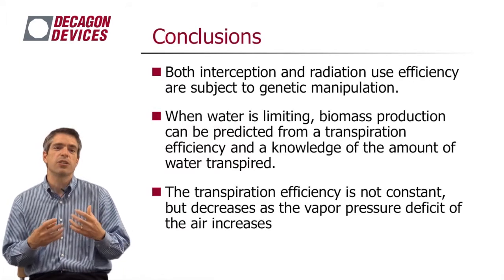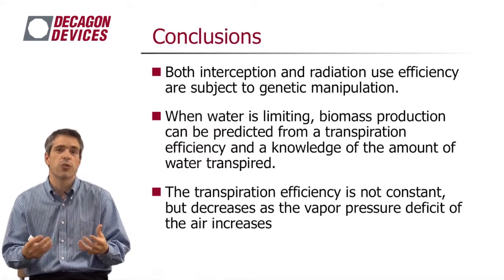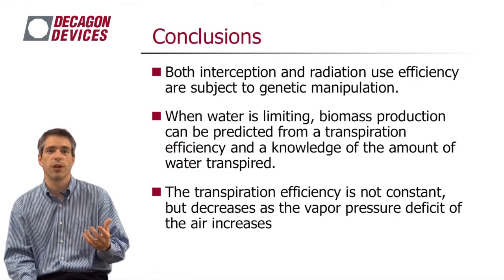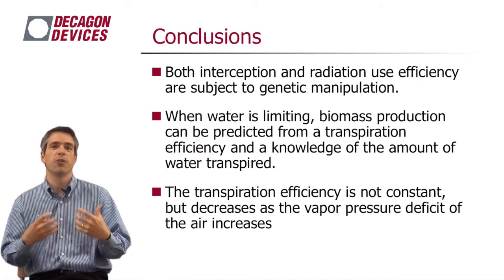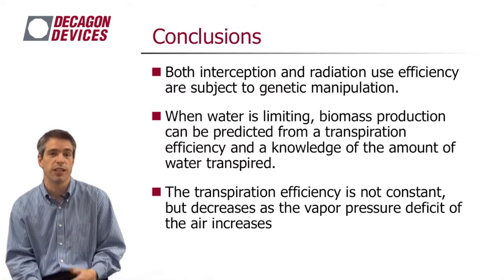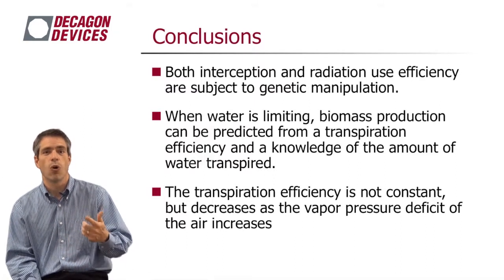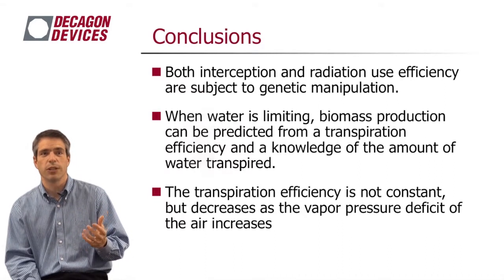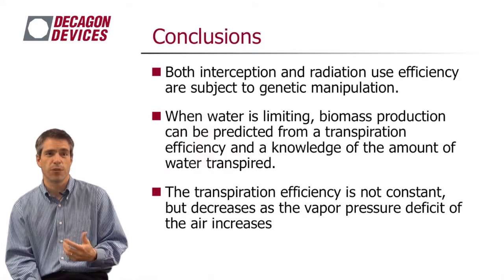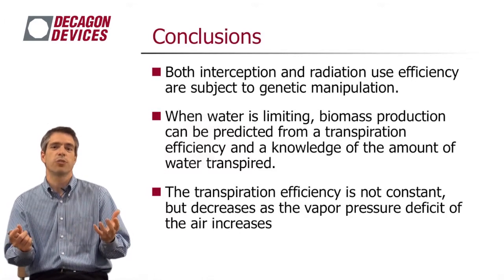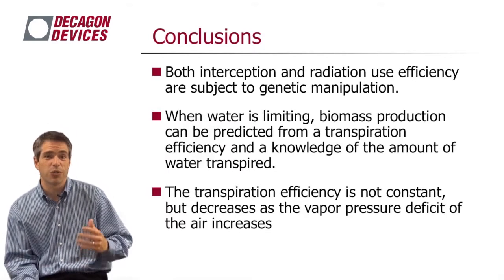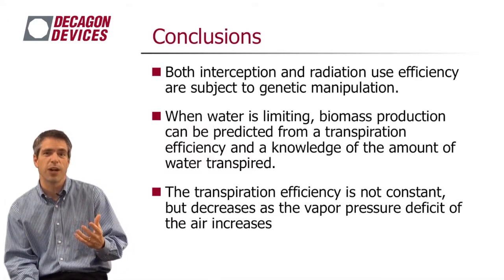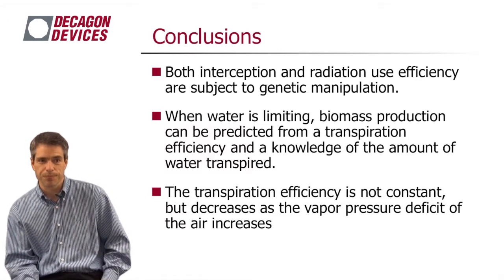The things that we can actually work on if we were going to try to improve plants, in some analysis of improving the genetics, well, we'd have to work on either their fractional interception or the radiation use efficiency. We know that when water is limiting, biomass production can be predicted by this transpirational term, or the transpiration efficiency, and a knowledge of the amount of water that is transpired.